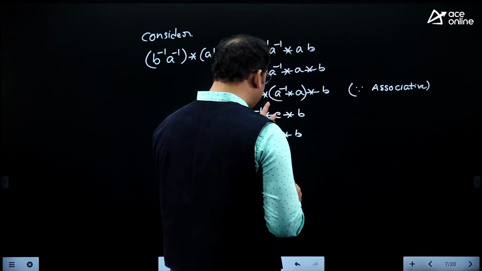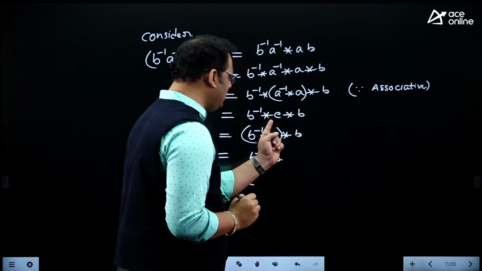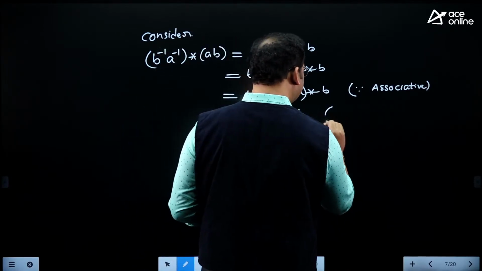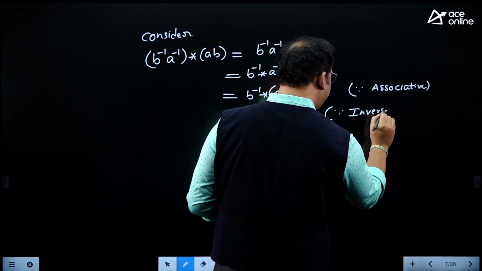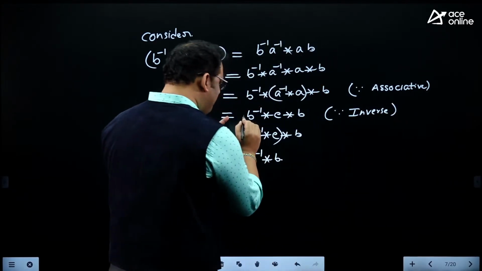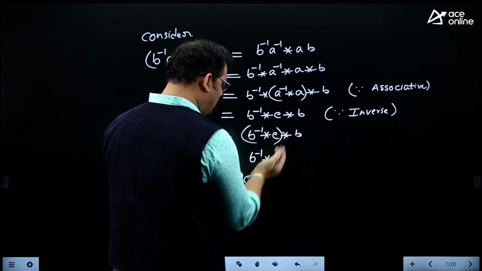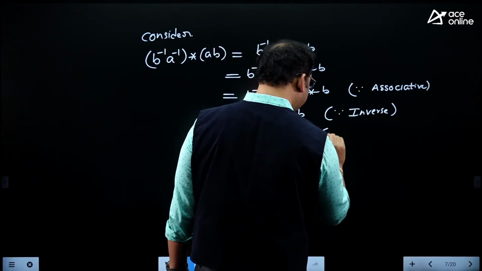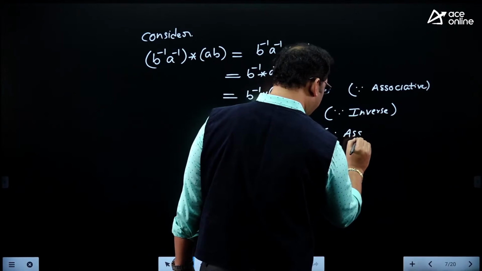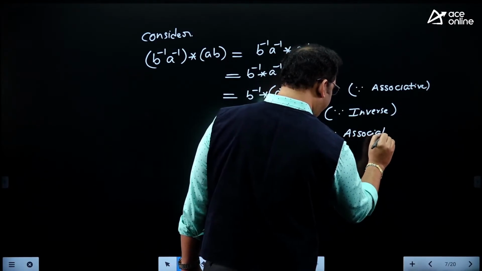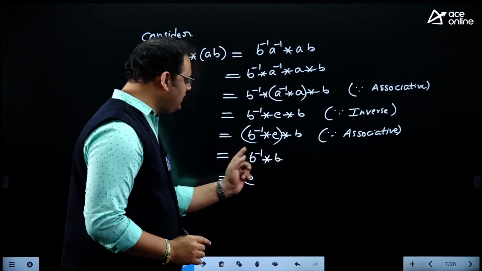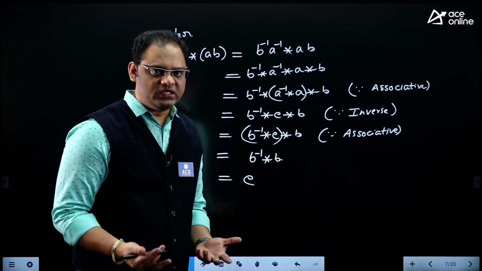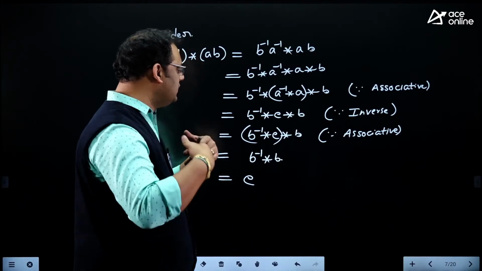And A inverse star A, I wrote as E. This is possible because of the inverse property. B inverse star, I just took parentheses here, which means that I used associative here.